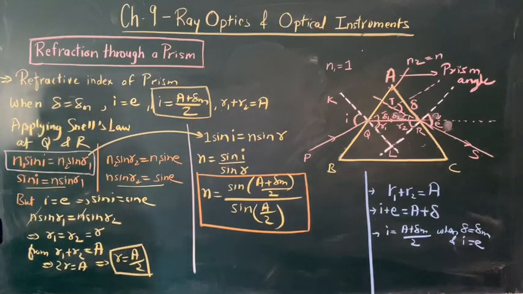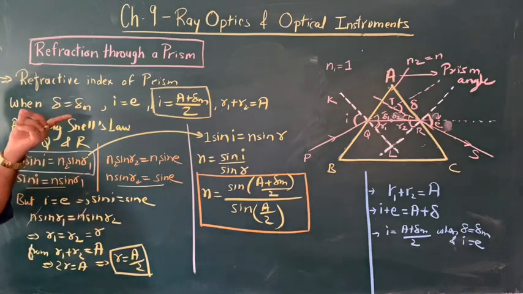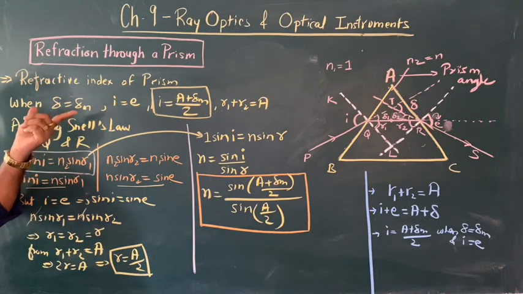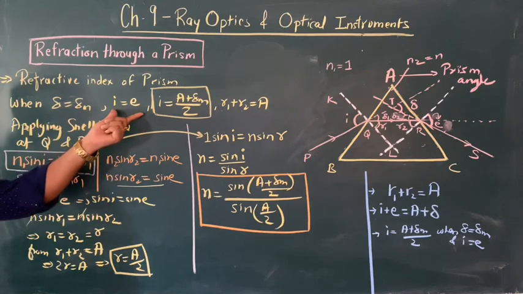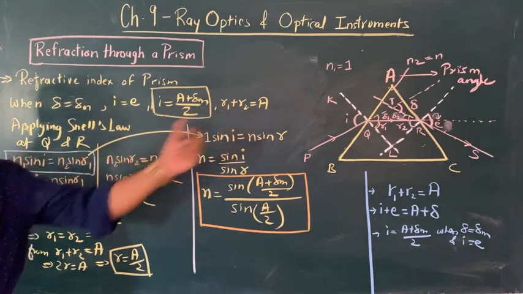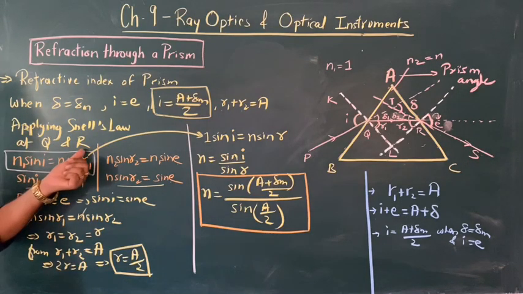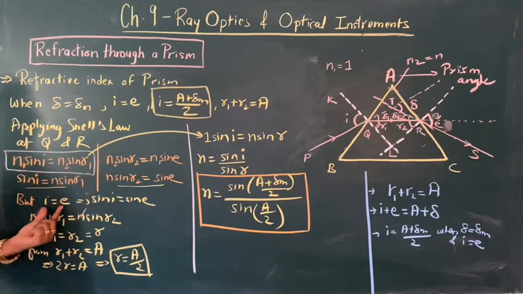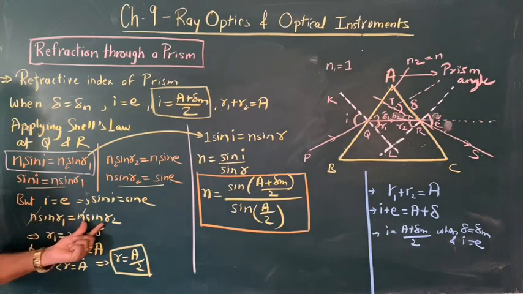Clear? I'm repeating where I started. First, I had taken the prerequisite formula that at minimum deviation, angle of incidence i equals e, and r1 plus r2 equals A. I have applied Snell's law. From that, I got sin i equal to sin e, that means n sin r1 equal to n sin r2.